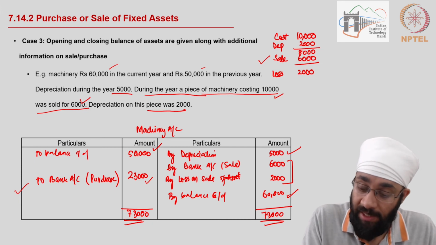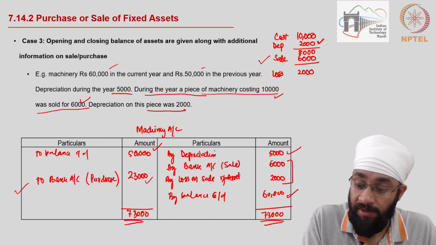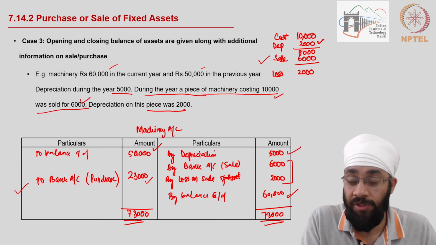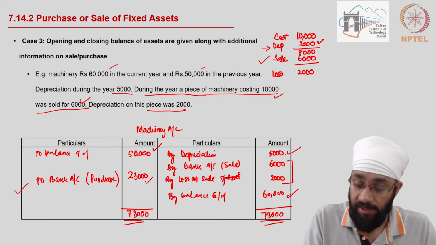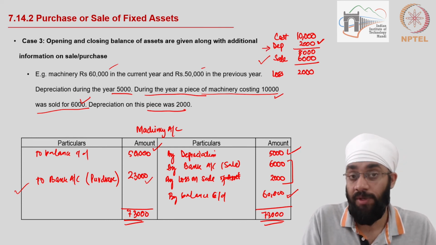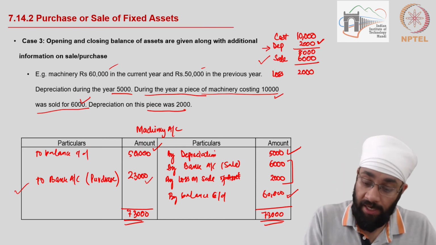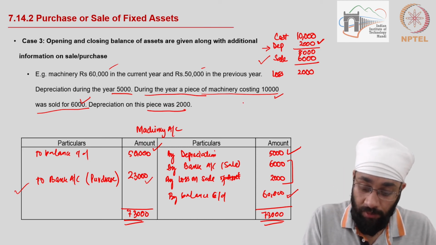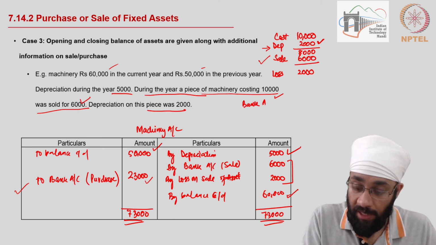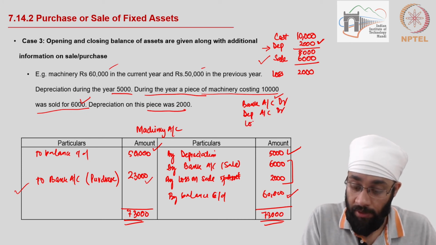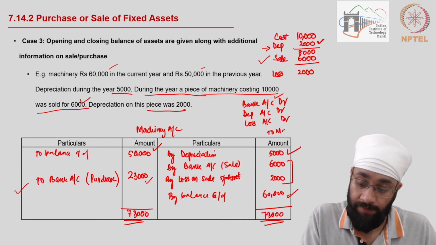Notice that the depreciation on the piece of machinery which is being sold, 2,000 rupees, is included in the 5,000. That's why we're not writing it again. You could write down the journal entry for this if you want to be more clear, which would be bank account debit, depreciation account debit, and loss on sale account debit to machinery.